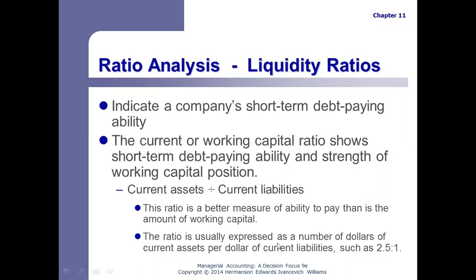One thing for sure, if this current ratio is below 1, that means we don't have enough cash or things that can be converted to cash in order to pay our liabilities as they become due, and that's not good. So again, this gives an indication of the ability of a company to pay their debts when they become due.